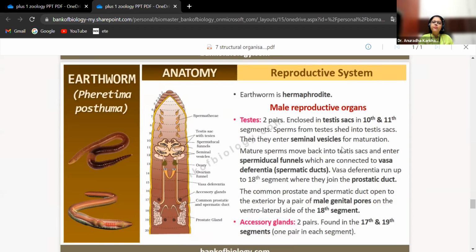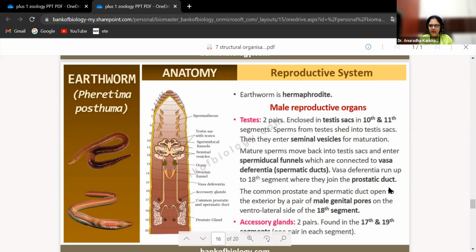Mature sperms move back to the testis sac and enter the spermaducal funnels, which are connected to vasa deferentia, also called spermatic ducts. Just like human males have vasa deferentia, even the earthworm has vasa deferentia. The vasa deferentia run up to the 18th segment where they join the prostatic duct.